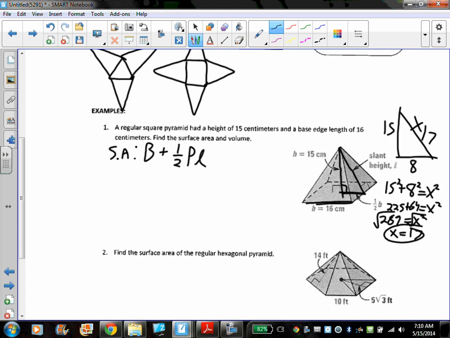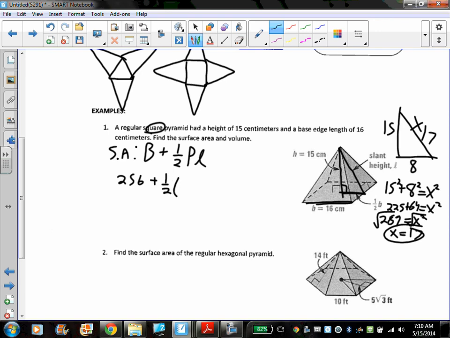So now we are ready to calculate the surface area. Area of the base is going to be, since it is a square, we know that all sides are 16. We know it's a square because it tells us right here. So 16 times 16 gives us 256.